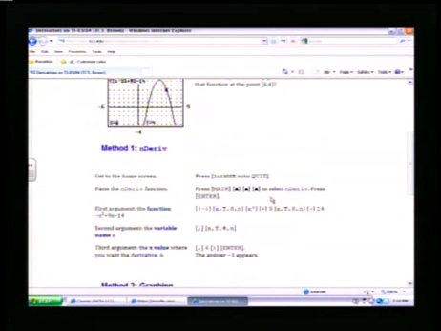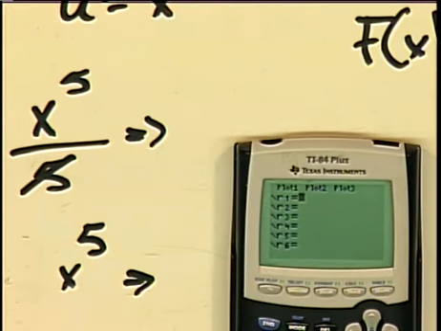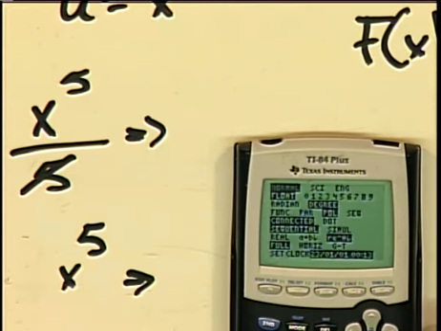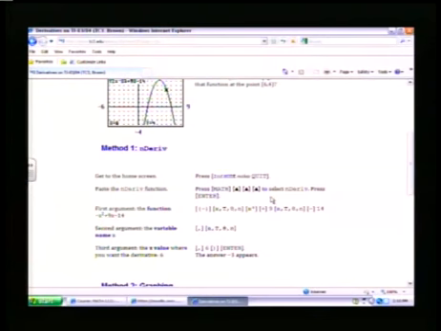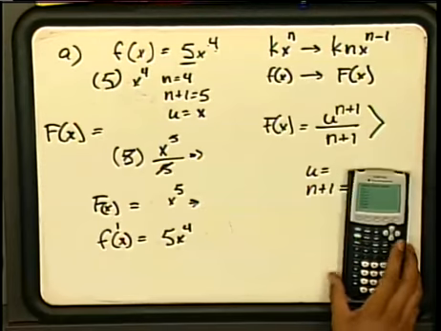So let's try this. We're going to try to take the derivative. We're going to check it. So we're going to take the derivative of what we got, x to the fifth.